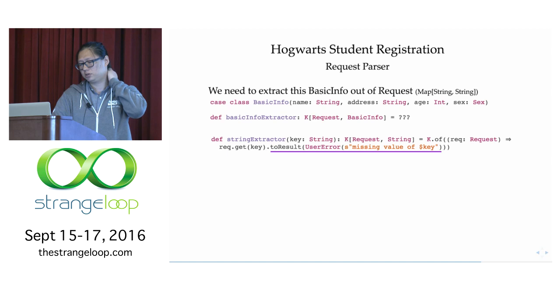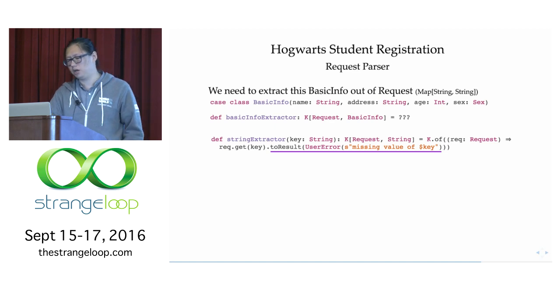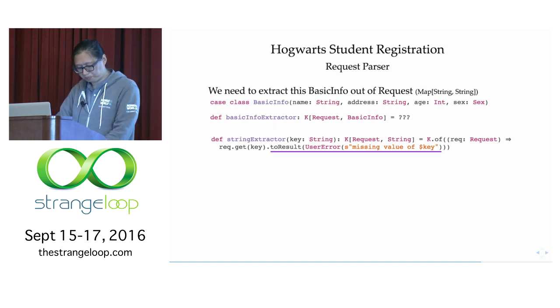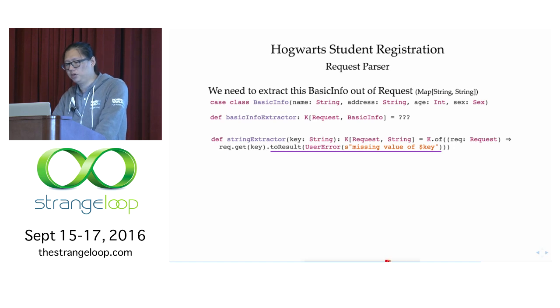When you call get with a key on the map, you get an Option. You want to turn that into a result, which is either a Future of Either the reason or the actual string value. You call this toResult method. So cool, that is easy to write.